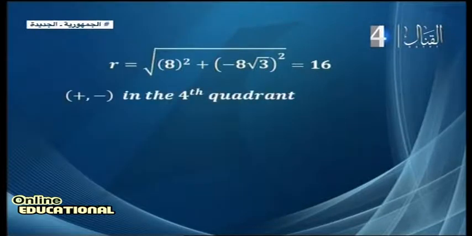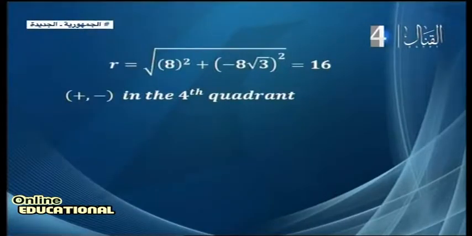We know that the complex number has a positive first component, positive 8, and a negative second component, negative 8 root 3. It lies in the fourth quadrant. Theta equals shift tan y over x, shift tan negative 8 root 3 over 8 equals negative root 3, which equals negative 60.